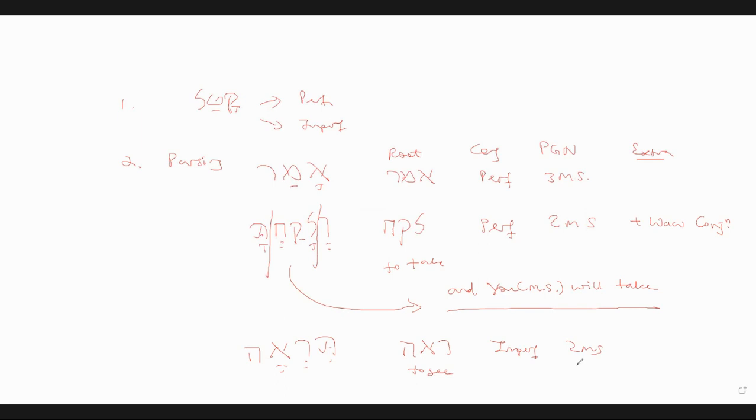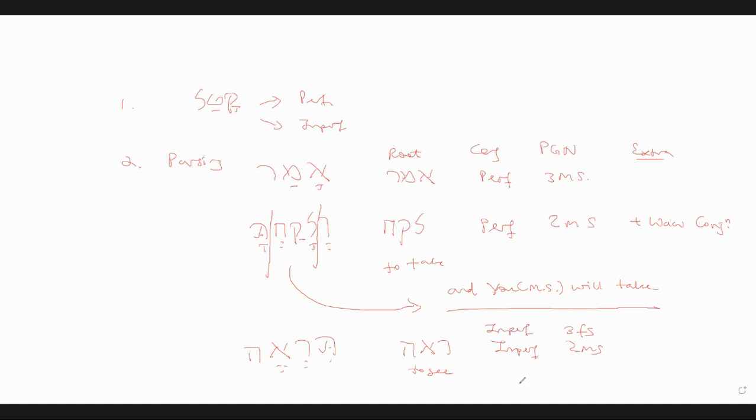Because yikto, tikto, tikto, two of them can be the same, there is an alternative, because remember there are two words. Tikto can be third person feminine singular or second person masculine singular. There are two possibilities. Only the context will tell you.